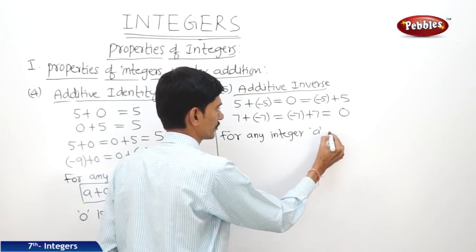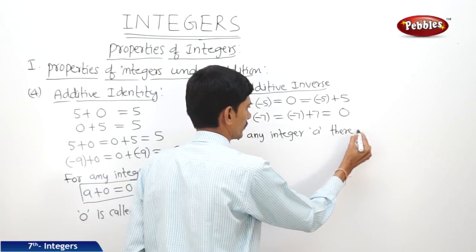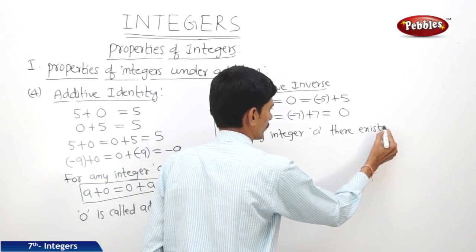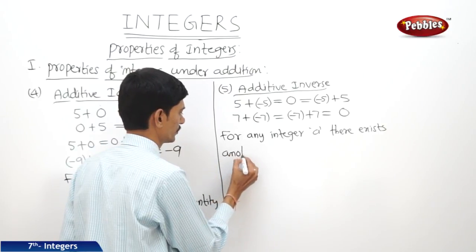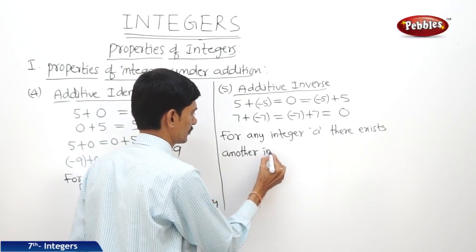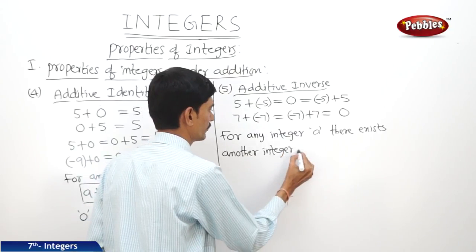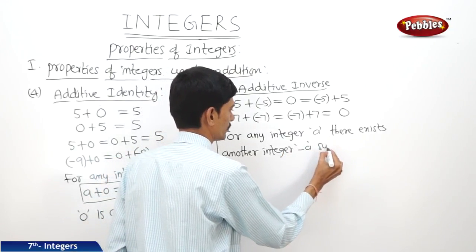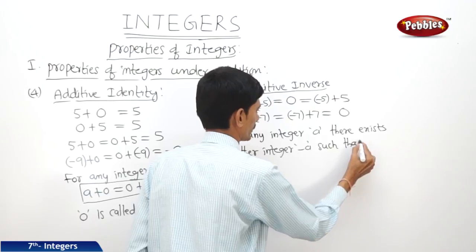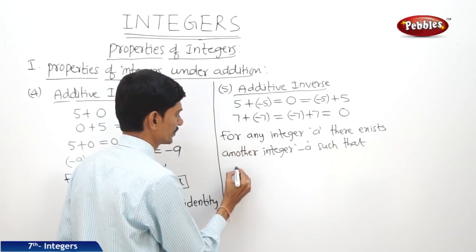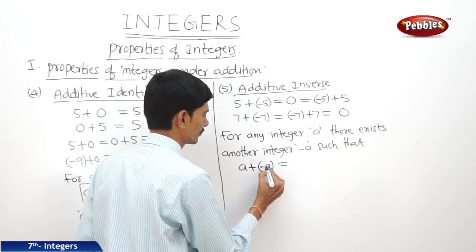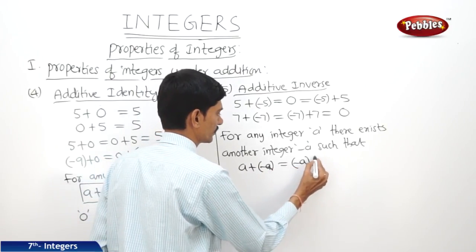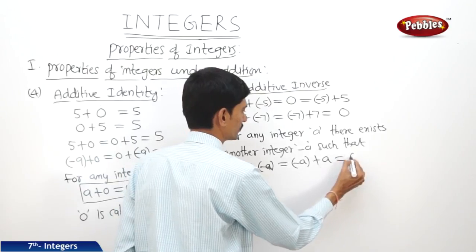So for any integer a, there exists another integer minus a such that a plus minus a equals minus a plus a equals 0.